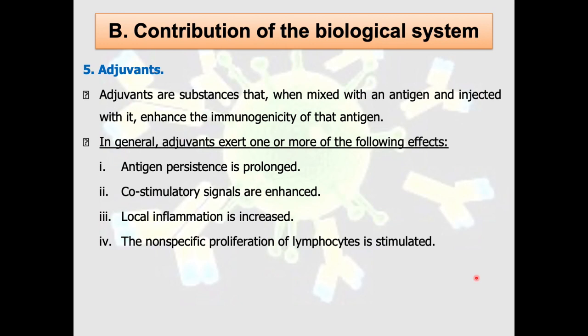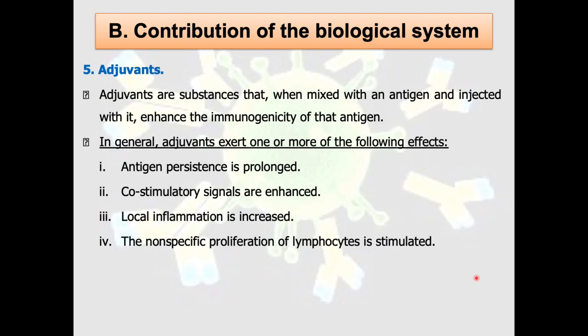The first one is that antigen persistence is prolonged. So when a vaccine is injected with antigens or immunogens, either a weak immunogen or a dead immunogen, both are basically non-functioning.